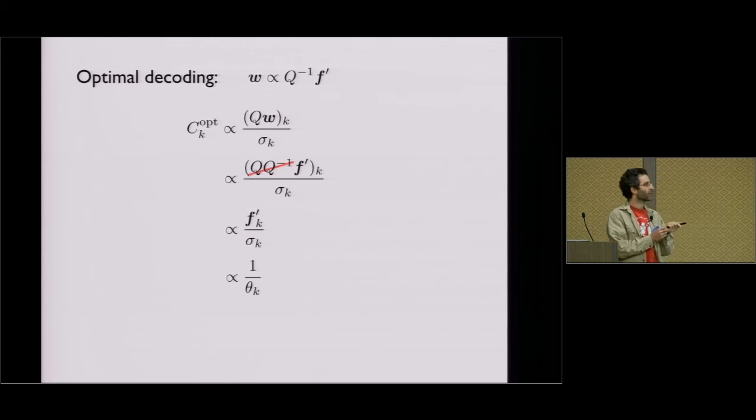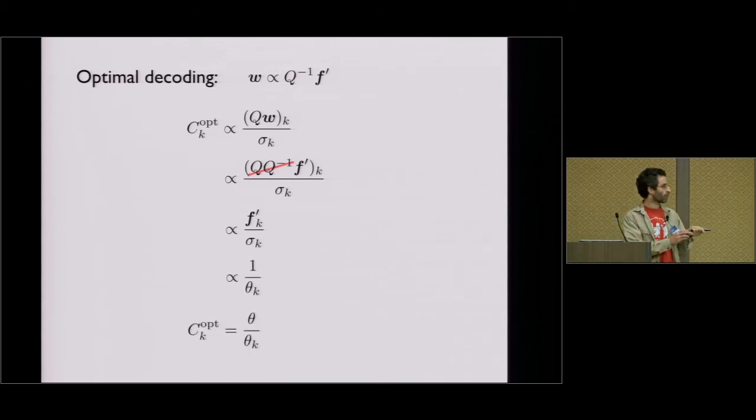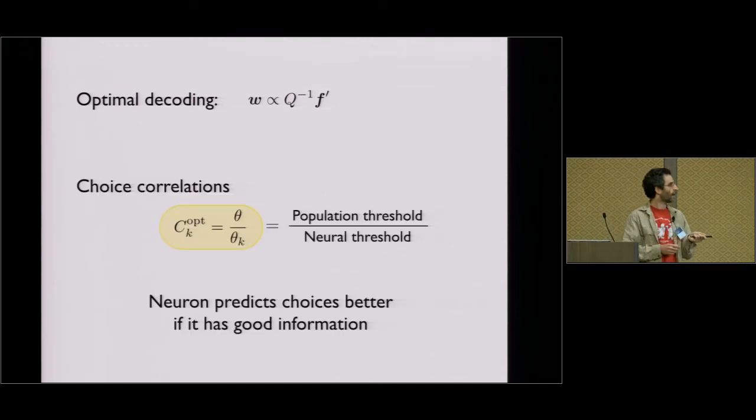And now if you take that choice correlation that I described before and you plug in this optimal W, the removal of the noise cancels the noise as it's designed to, and you end up with something that's just dependent on single neuron properties. In fact, this expression can be described as the threshold for one neuron. And the proportionality is the threshold for the whole population. So when you're doing optimal decoding, the choice correlation is the ratio of population to neural thresholds.